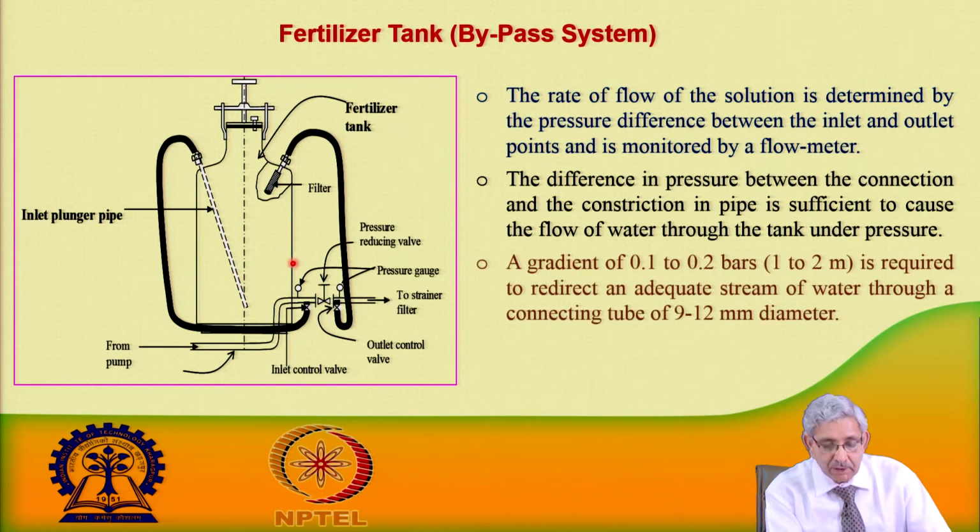Water is supplied from this end. There is a flexible pipeline, and at this place there is a valve. Water from the pipeline, which is coming from the pump, can be supplied with the help of this flexible pipeline, which is connected with the inlet plunger pipe. The inlet plunger pipeline is perforated, so the water coming in will get into the tank.